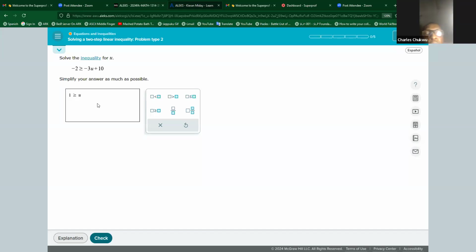So you want to put a -12 on the left-hand side. You take 10 from -2 to make it -12.